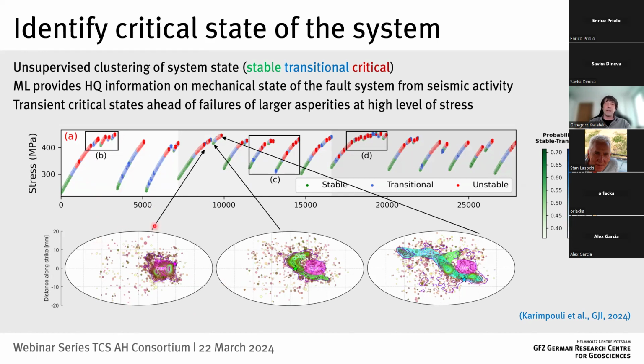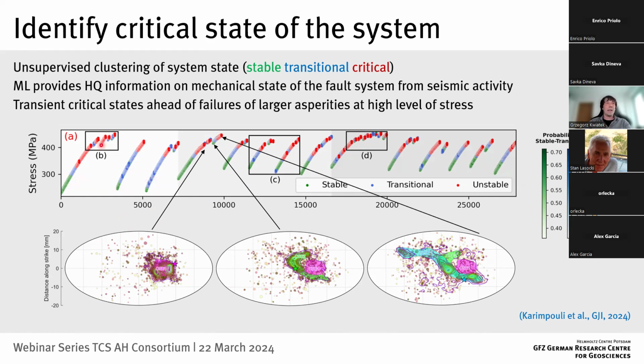So overall, the unsupervised system was capable to identify the high resolution information on the mechanical state of the fault only from this acoustic emission data. And that's actually quite important because this acoustic emission data constitute less than 1% of the external strain that is applied.